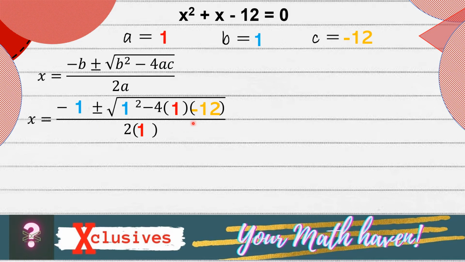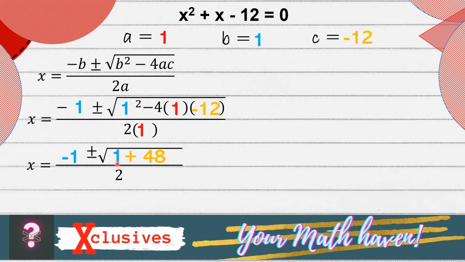Now let us simplify our square root here. So therefore we have x is equal to negative 1 plus minus 1 squared, that is 1. Now we have negative 4 times 1, that is negative 4, times negative 12, that is positive 48, all over 2 times 1, that is 2.